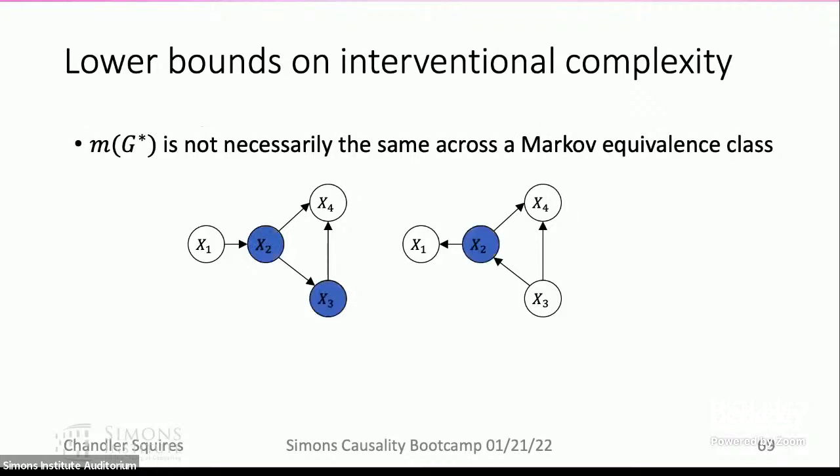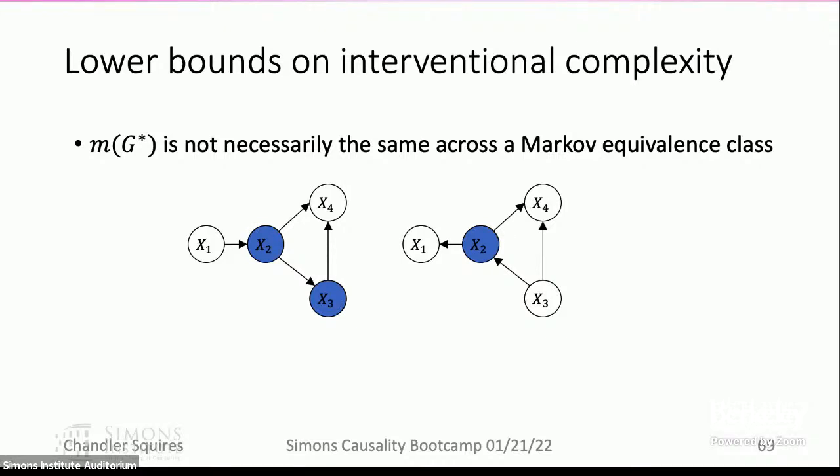However, for the graph on the left, the smallest size intervention, or 2 single node interventions that you would need to do would be 1 intervention on this x2 and 1 intervention on this x3, versus the one on the right, you can get by with just an intervention on x2.